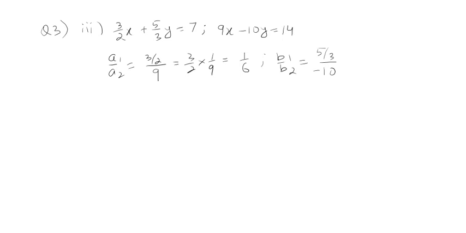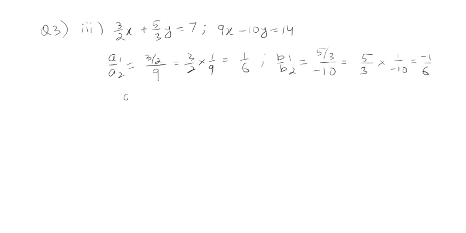I could not hear what you said. If anybody was saying something, please repeat it, because I could not hear it. Inconsistent. Very good. So 1 upon minus 10. So it becomes minus 1 upon 6, because 5 and this will cancel 2. So minus 6. So you can see very clearly this is 1 by 6 and this is minus 1 by 6. They are not equal.